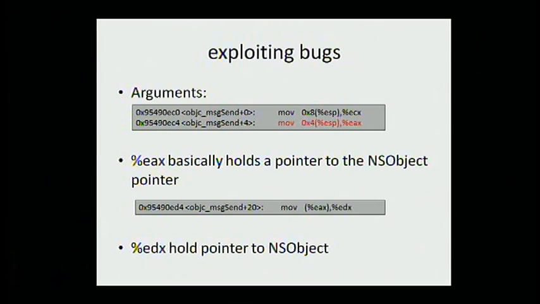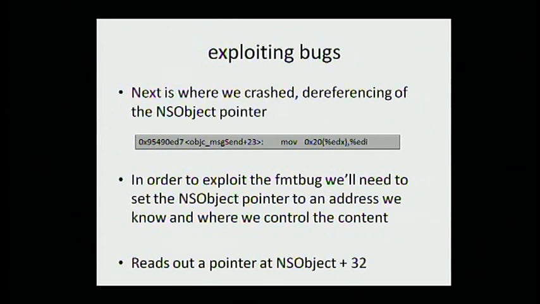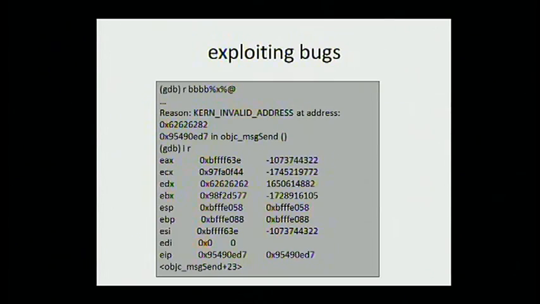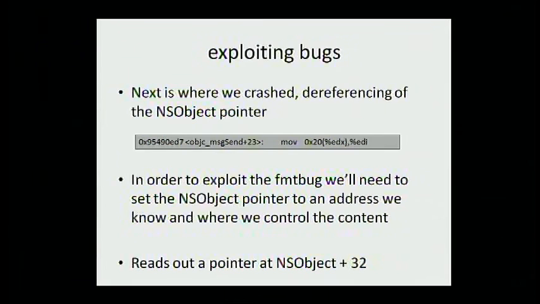Then it references the AX, and out of this one it takes the pointer that we control, which is 0x62626262. That one's the NS object pointer. So that's the point from where we start. And then you get to here, which, if you go back, is exactly the point where it crashes. That's objc_msgSend plus the 23rd instruction.